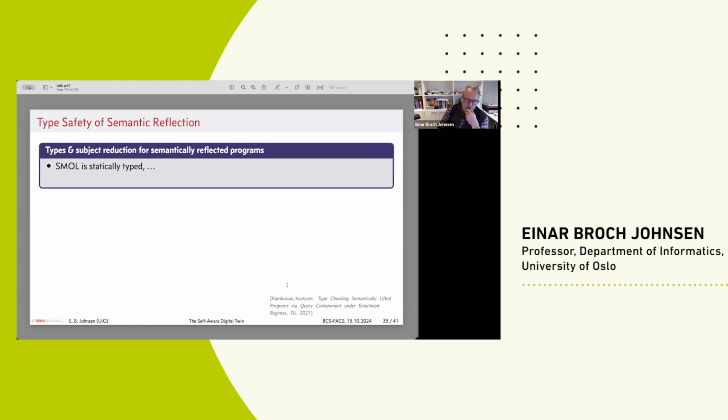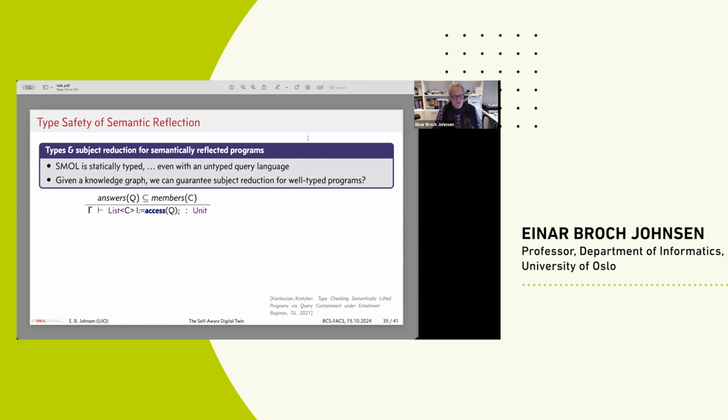But what about this semantic reflection itself? We have this paradox in a way that SMOL is a statically typed language, but the query language is untyped. So we can ask the question, given a knowledge graph, is it possible to guarantee that the execution in SMOL will be well typed, so that we have the standard subject reduction properties for the programming language?